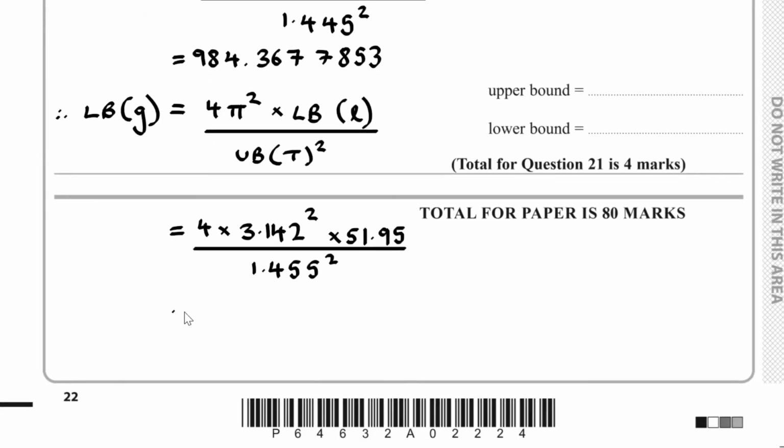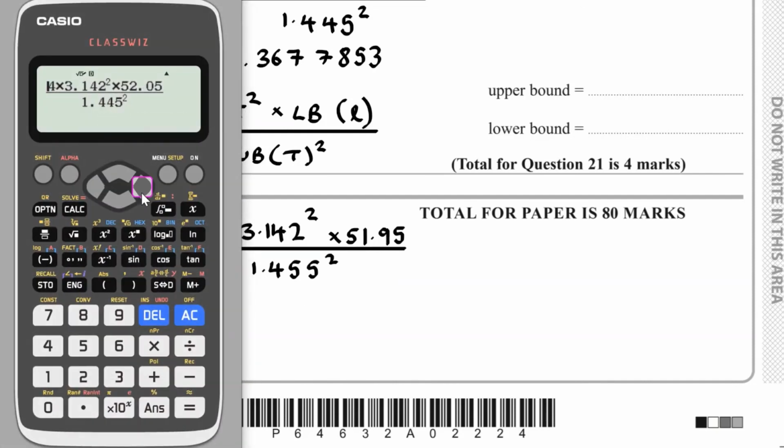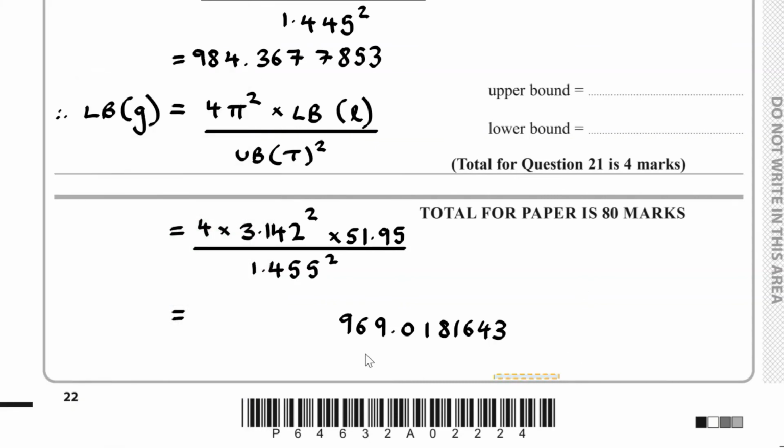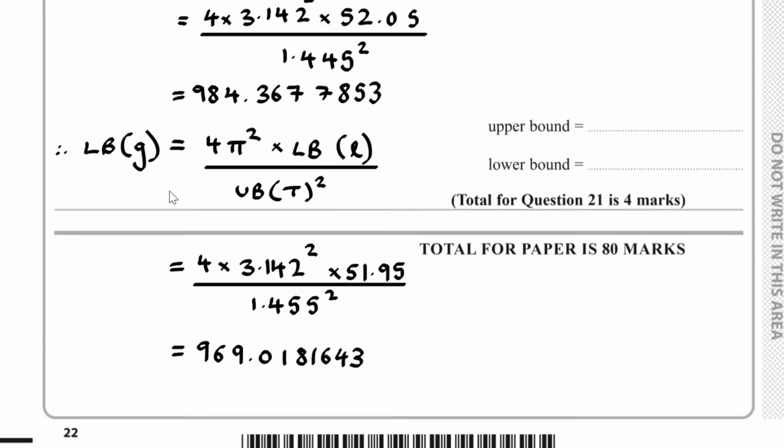So if I work out this, I've got 51.95 on the top and 1.455 squared on the bottom. So I end up with over here 969.0181643. So this is what the lower bound of G is. I've got the upper bound and the lower bound.